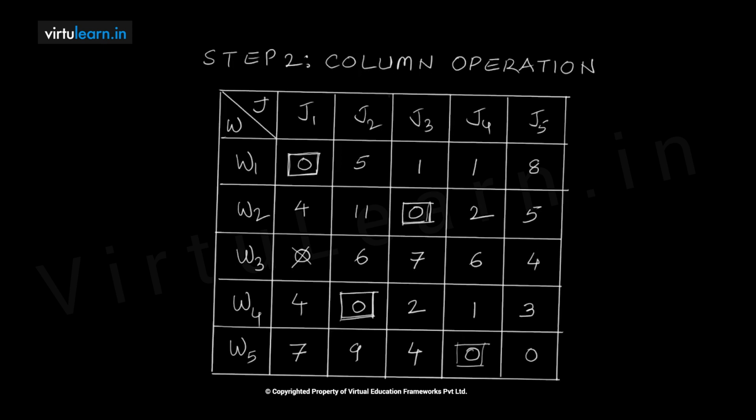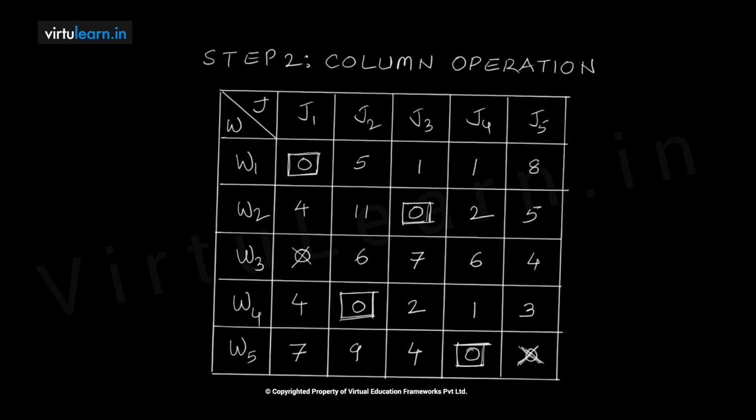This is a single zero column, so we have made allocation. Then we have to check for any zeros in the row and strike them off, and then proceed with the next column.